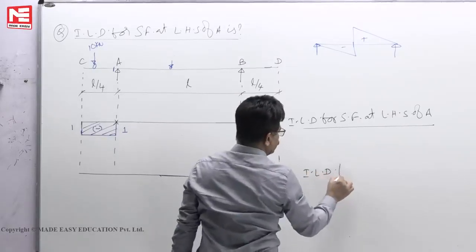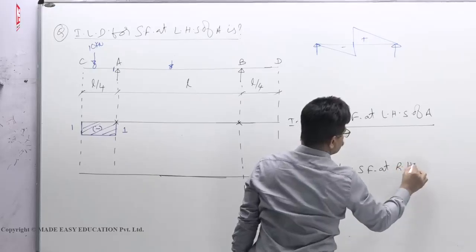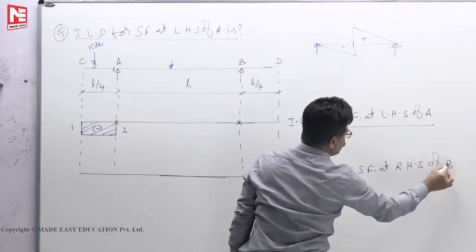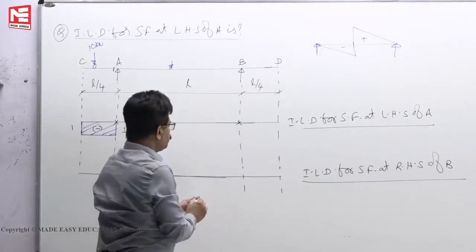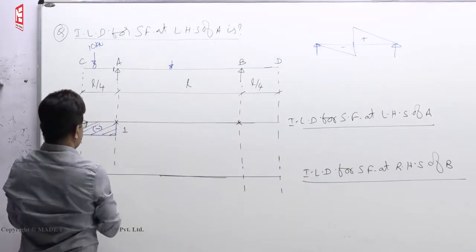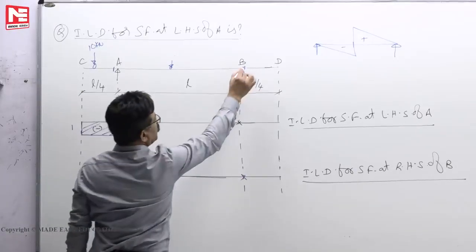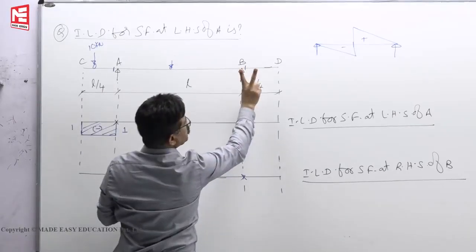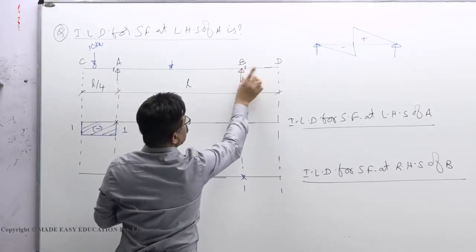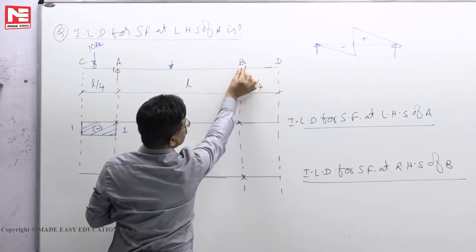This is ILD for shear force at RHS of B. Now you see, without removing the supports at A and B, where do we have to cut? RHS of B. So cut here. Now 2 portions are there. After cutting it, this is the right hand side of the cut section. The small thing is the left hand side of the cut section.